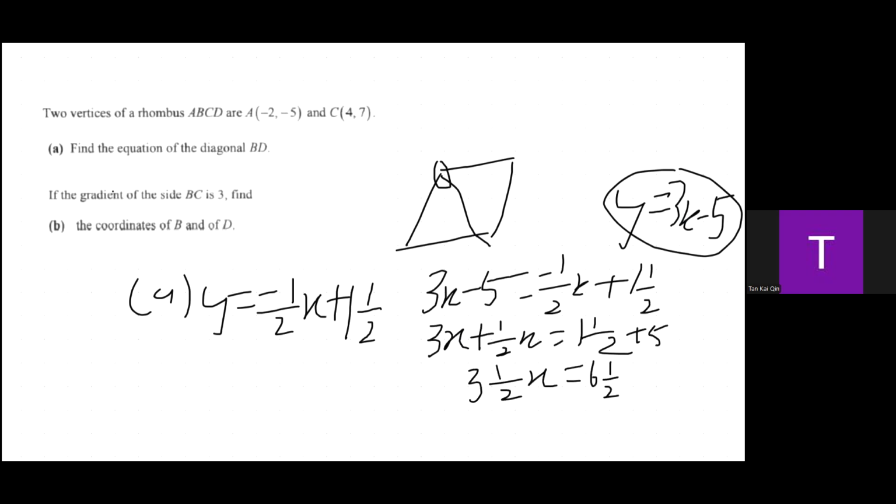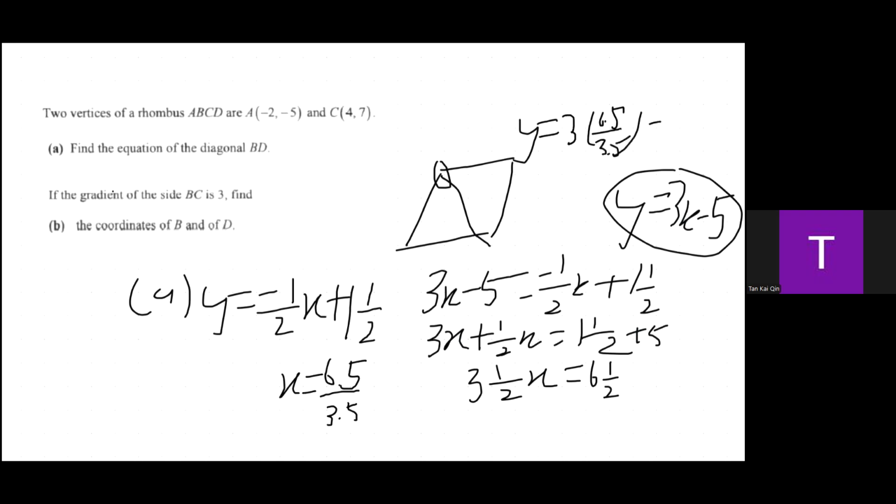You can now find x by dividing 6.5 by 3.5. So now we have found the x coordinate of B. And now to find y, we use the same method. So y equals 3 times 6.5 divided by 3.5 minus 5.